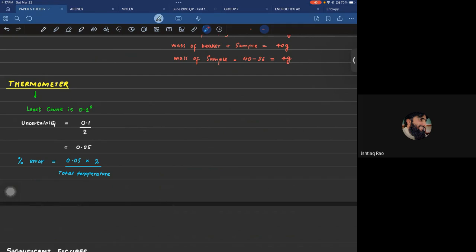Then percentage error would be equal to 0.05 into 2 divided by the total temperature. I multiply by 2 because we measure first the initial temperature and then the final temperature. After calculating this, we would get the percentage error of a thermometer.